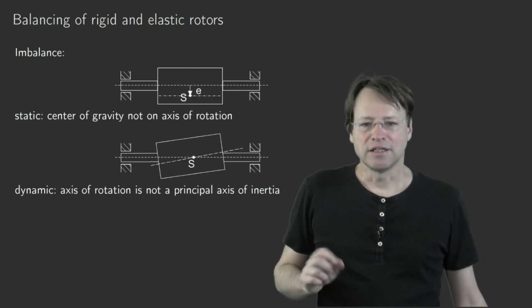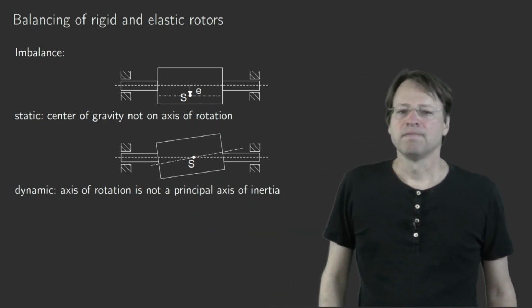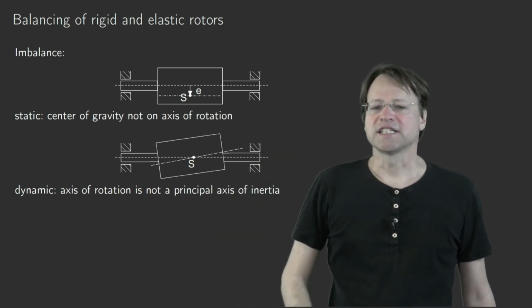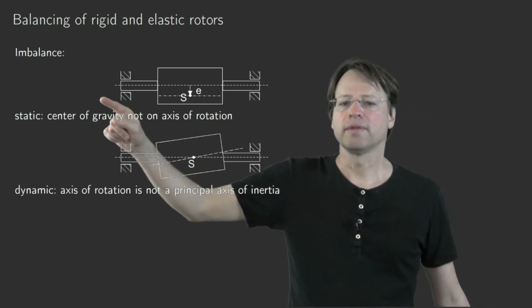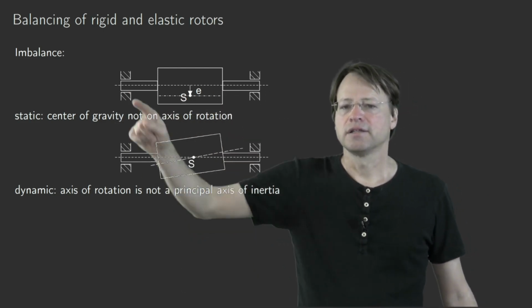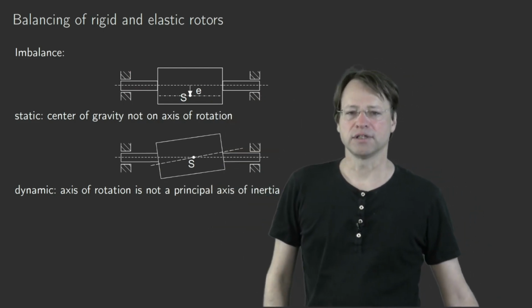The imbalance that existed there is shown here in the first figure, namely that the center of gravity is not on the theoretical axis of rotation, that axis that connects the two centers of the bearings.